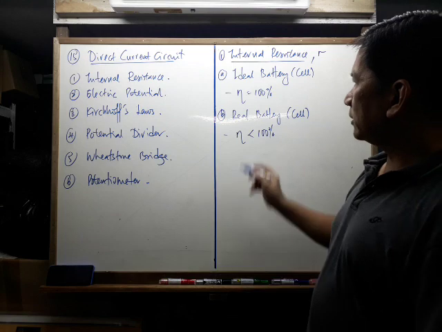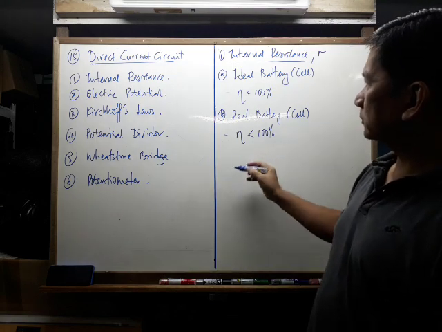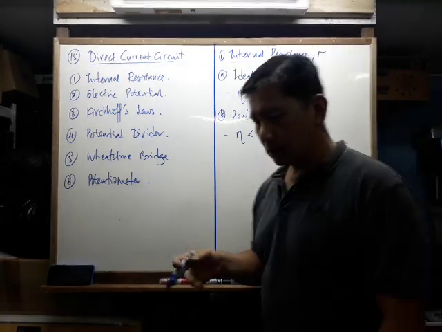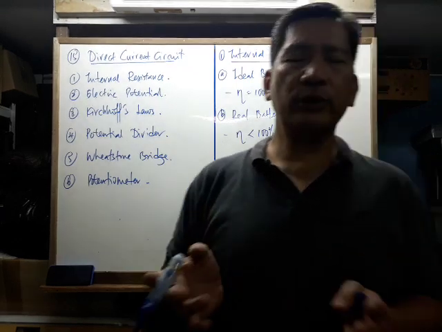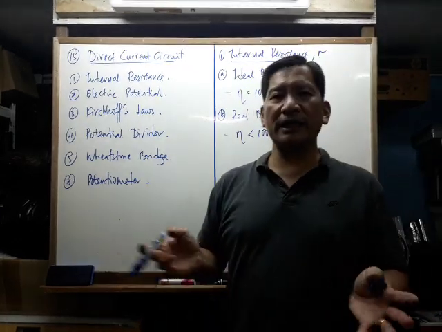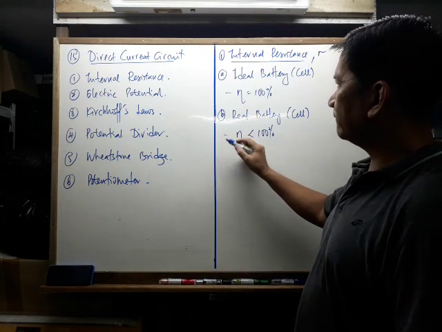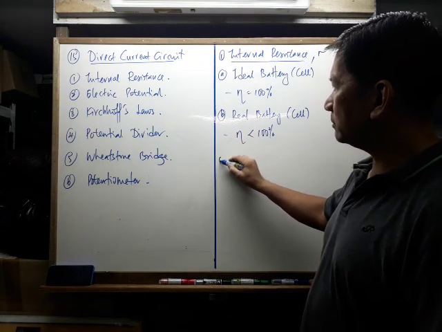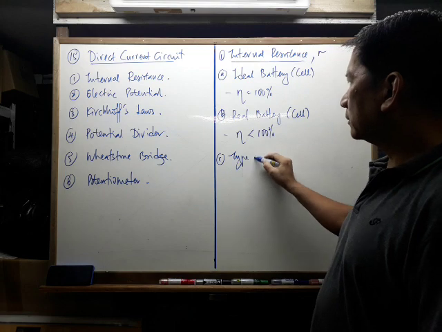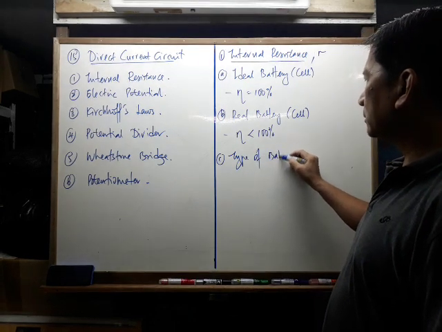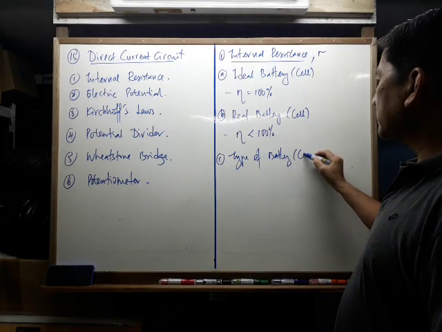So now, real battery, as we know, is the actual battery that we use in the lab or in our daily life. But we have so many types of battery. So first we look at type of battery or cell.